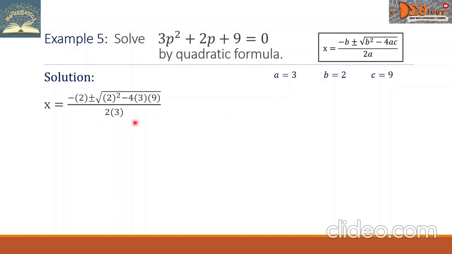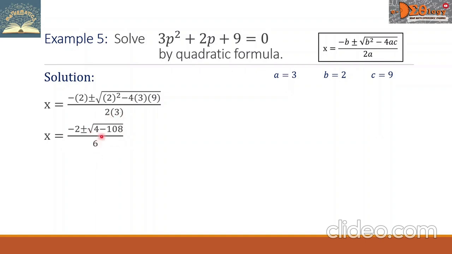So we have 2 times 3. We simplify further. This negative of 2, we simply write negative 2 plus or minus the square root of 2² is 4 minus the product 4 times 3 times 9, and that will be 108, all over 2 times 3, that is 6.